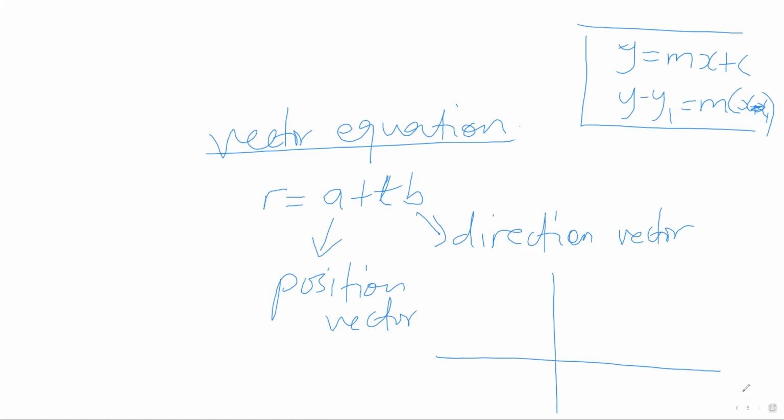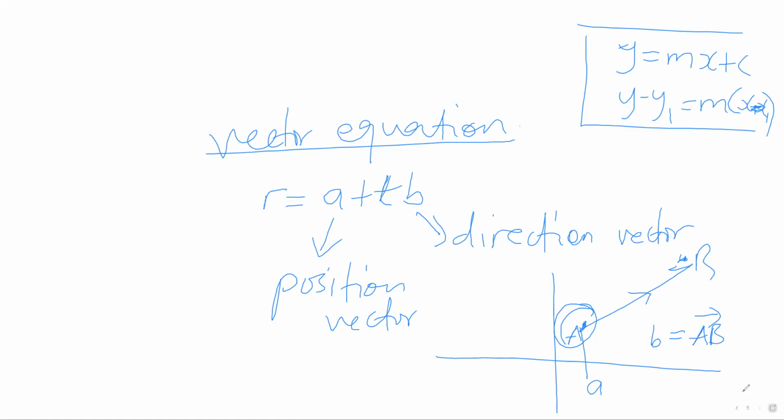If I do a sketch, you're talking of a point here and another point there, which is B, moving from A to B. A is a position vector, which is mostly just a point on the line, so this point here will be our A. Our B is going to be AB.